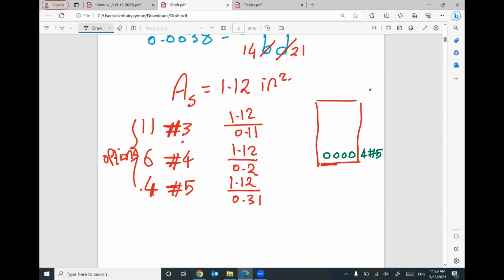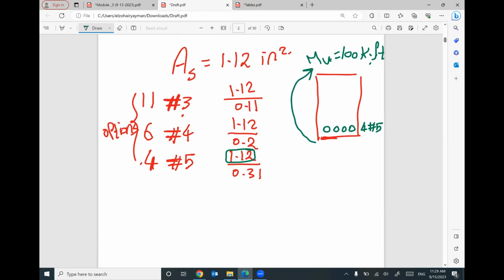These rebars will give you an area steel equal to 1.12 or greater, and these rebars will support the applied moment of 100 kip-foot. Another designer, Thomas, will say, no, I don't like number 5 rebar. I will use the second option. I will put 6 rebars number 4.